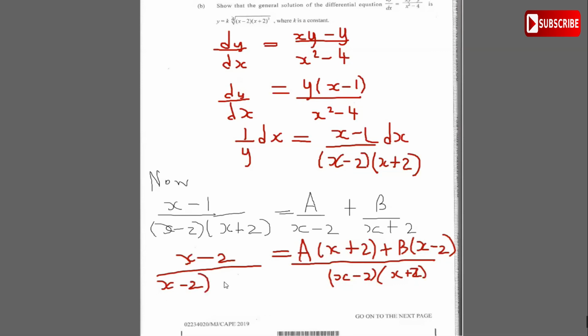Now, when you get to this stage, you equate the numerators. Whenever two fractions are equal, you equate their numerators.